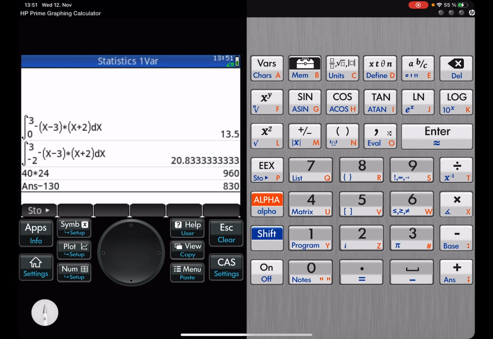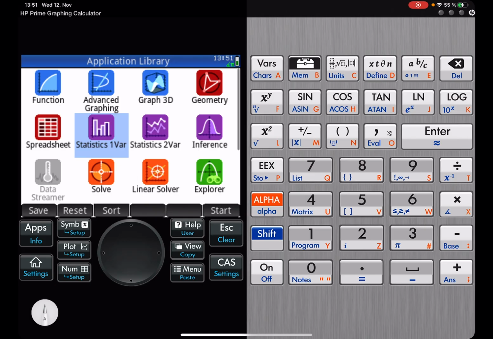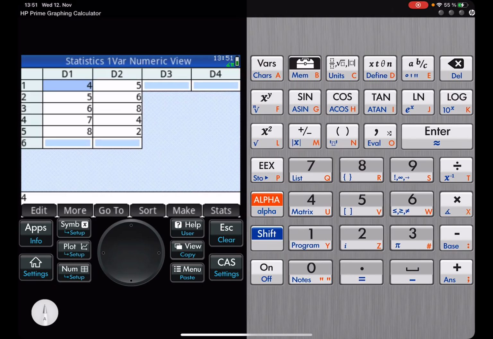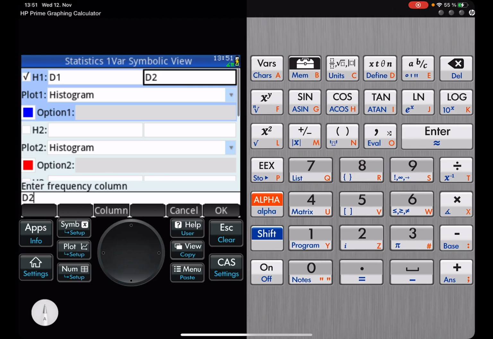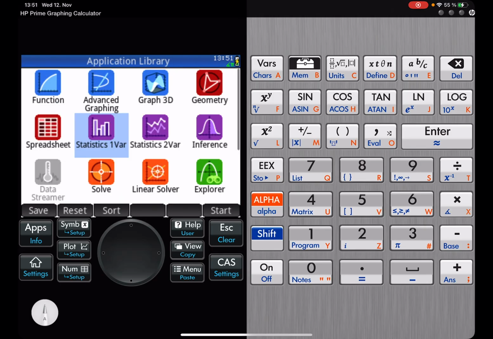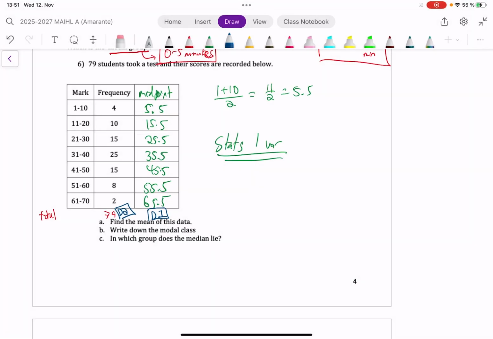So just reminding ourselves that when we do go to stats1, if I have a frequency column like I do in this example, I have to make sure this D2 is on here. And I can go calculate the mean, median, all these things, right? So A says find the mean. So X bar, the mean is 34.2, if you take the time to type it all in and click stats.